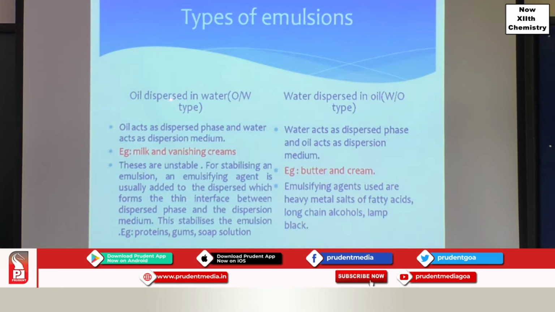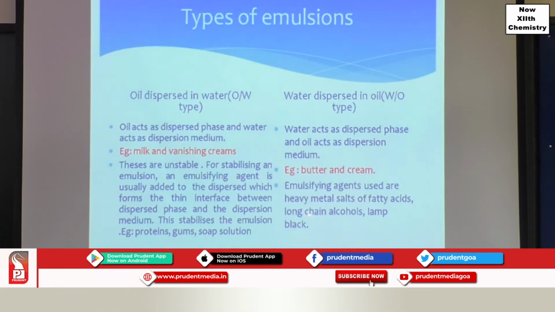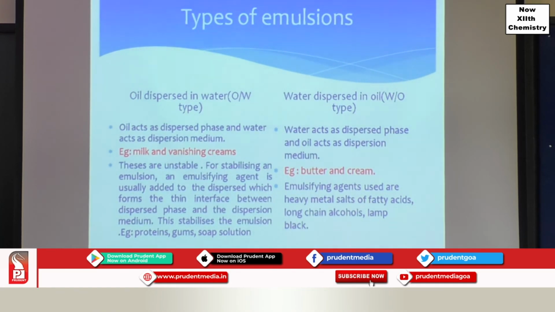For oil dispersed in water type of emulsion, proteins, gums or soap solutions are used as emulsifying agents, whereas for water dispersed in oil type of emulsions, heavy metal salts of fatty acids, long chain alcohols and lamp black are used as emulsifying agents.